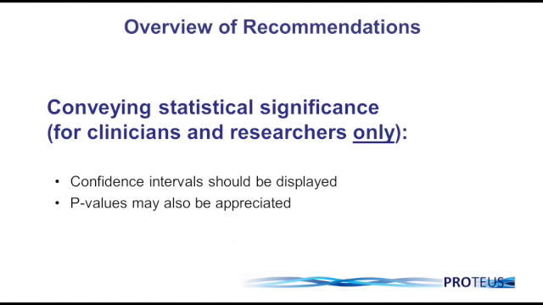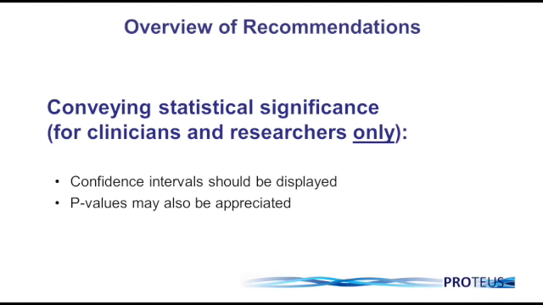Finally, while evidence suggests that many patients do not want statistical information included and find this information confusing, many clinicians and researchers were interested in statistical information. Thus, these recommendations regarding conveying statistical significance apply only to clinicians.